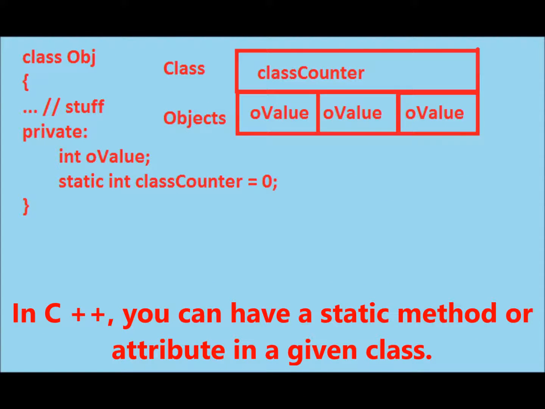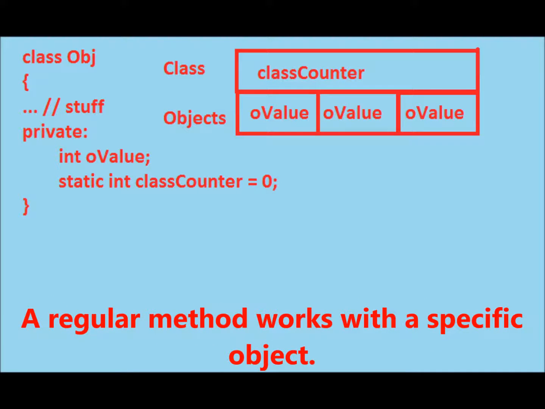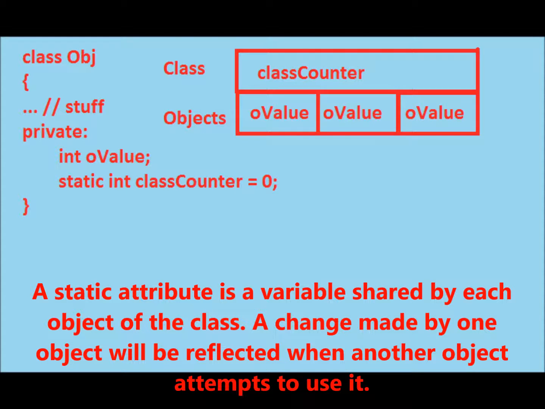In C++, you can have a static method or attribute in a given class. With a regular attribute, it is copied every time a new object is created. A regular method works with a specific object. A static attribute is a variable shared by each object of the class. A change made by one object will be reflected when another object attempts to use it.